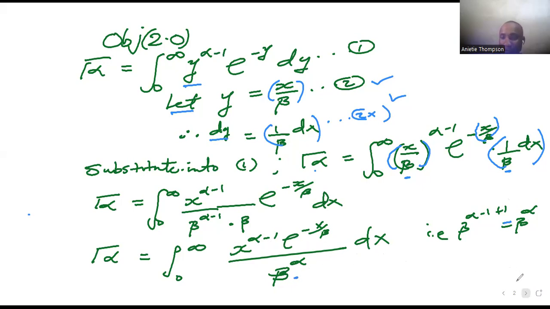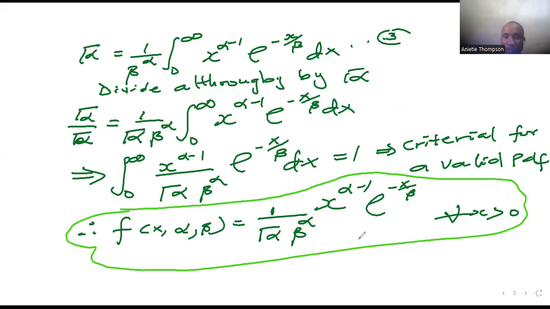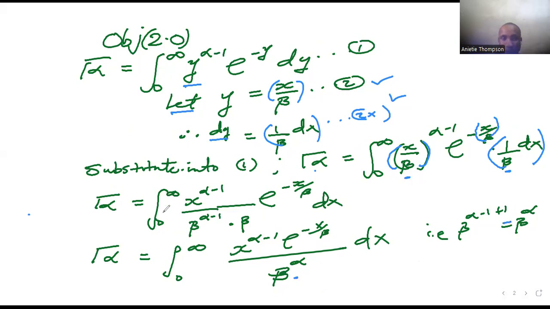So for any PDF to be a valid PDF, remember that the integral from its lower bound, minus infinity for example, to infinity of that PDF f of x must be equal to unity, like 1. So for that reason, I'm going to divide all through by gamma of alpha, this equation here, by gamma of alpha.